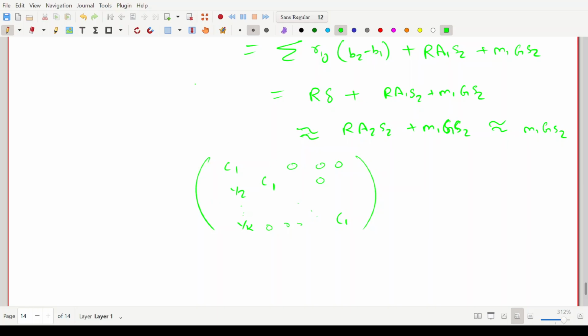Okay, the first column contains the ciphertext C1 and the correction matrix, that is yj, that will give the correction factor r times bj minus b1 when multiplied with the secret key s1.